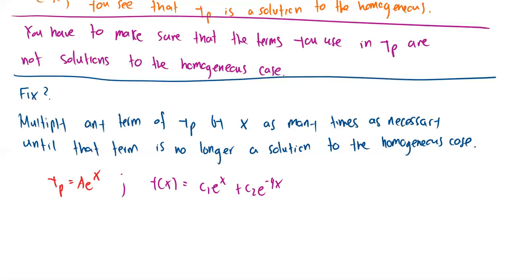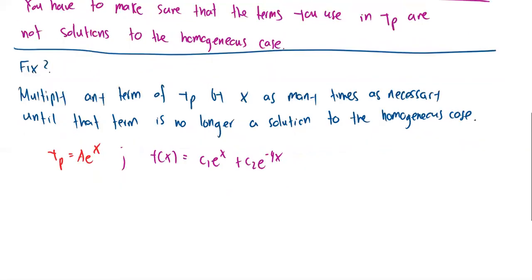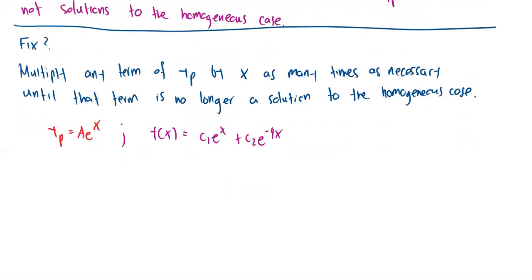And it doesn't matter which one is c1 or c2, because they're arbitrary. So how many times do we need to multiply? And again, we only have one term this time, but it works in general. How many times do we have to multiply our term by x so that it's no longer in the general solution? Well, we only need to multiply it once.